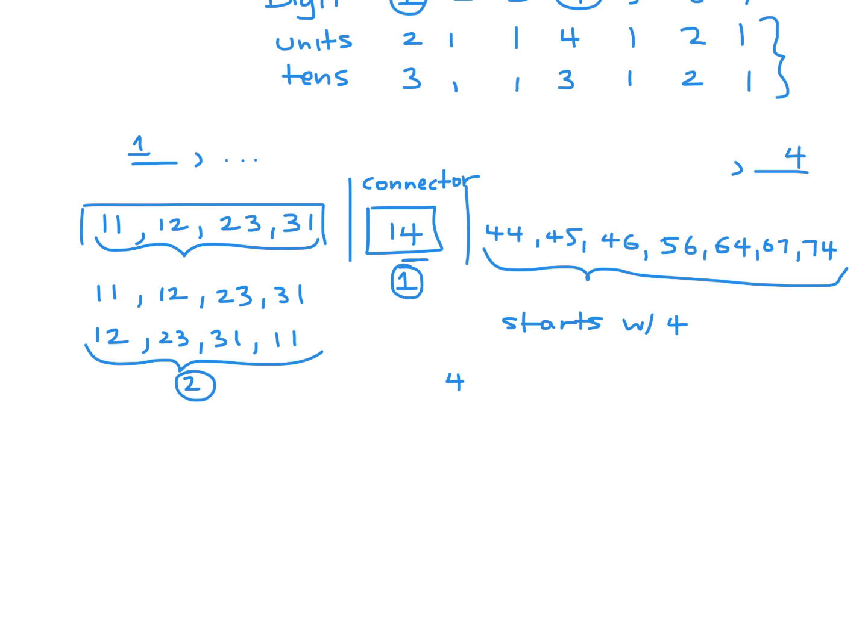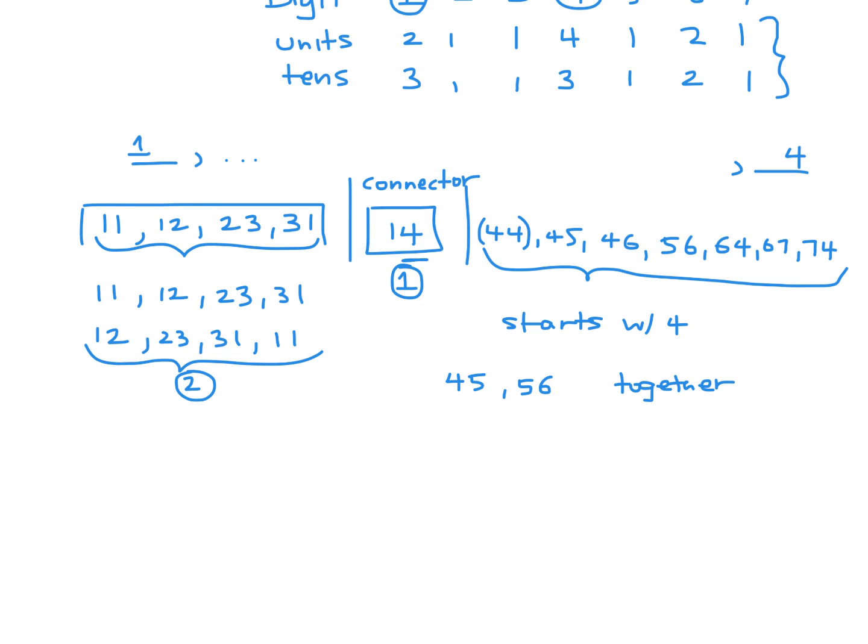Let me save this guy for now. Let's start with the 45. If it's a 45, then the next number has to be 56. That's the only way. So these two are always going to be together.